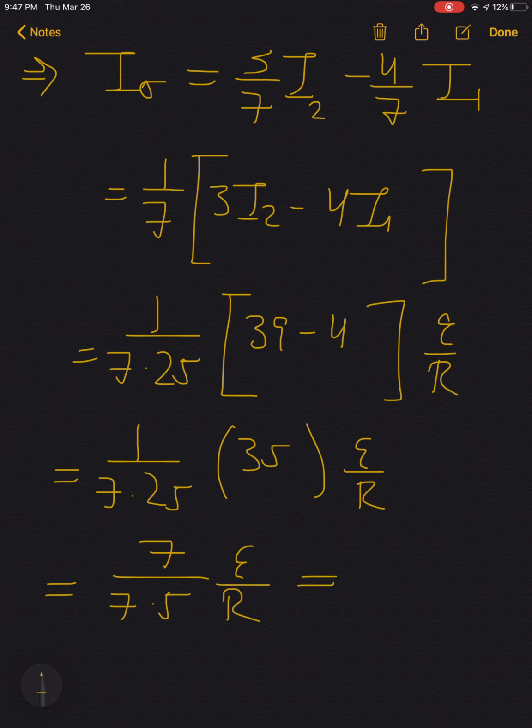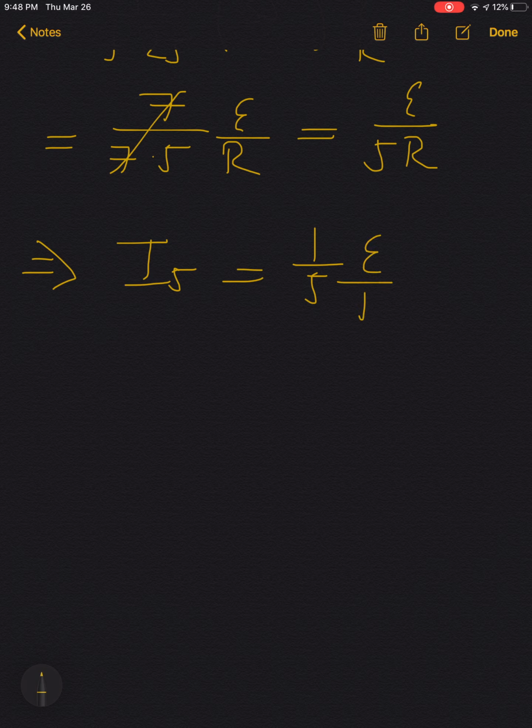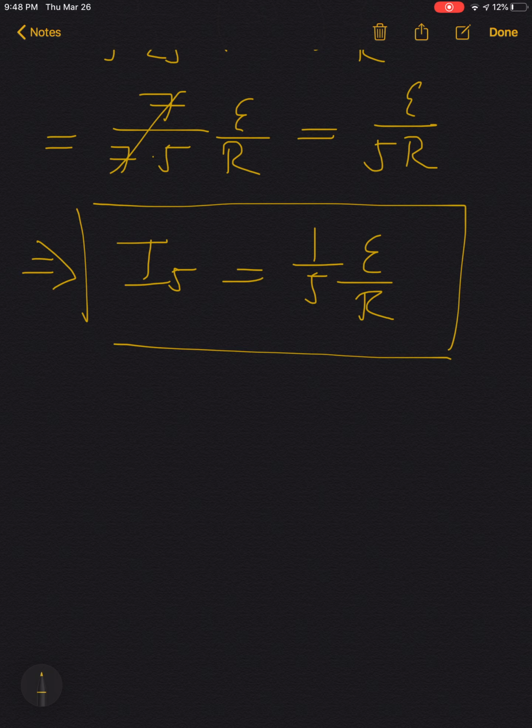And of course, these 7's cancel. This is E/5R. So despite all of those weird fractions that we were working with throughout the interim of this problem, what you get at the end is that I5 is equal to 1/5 E/R. Okay, that's a nice simple result.